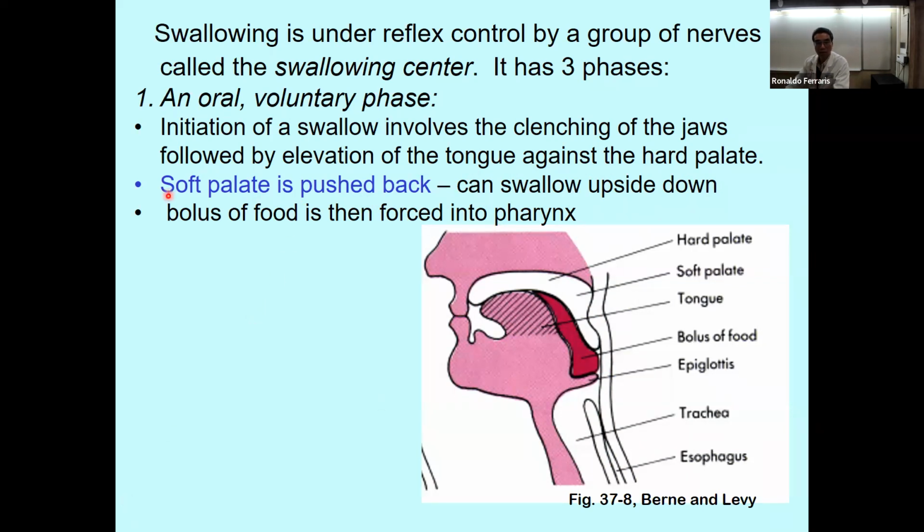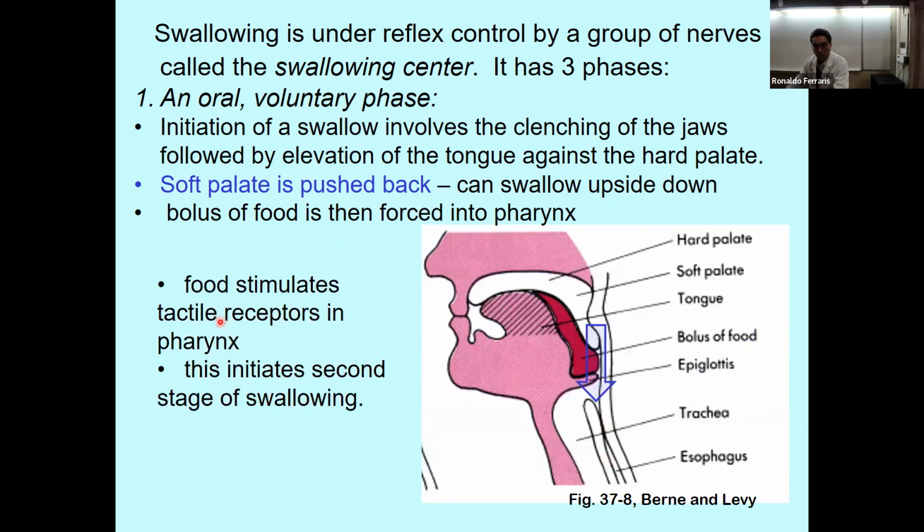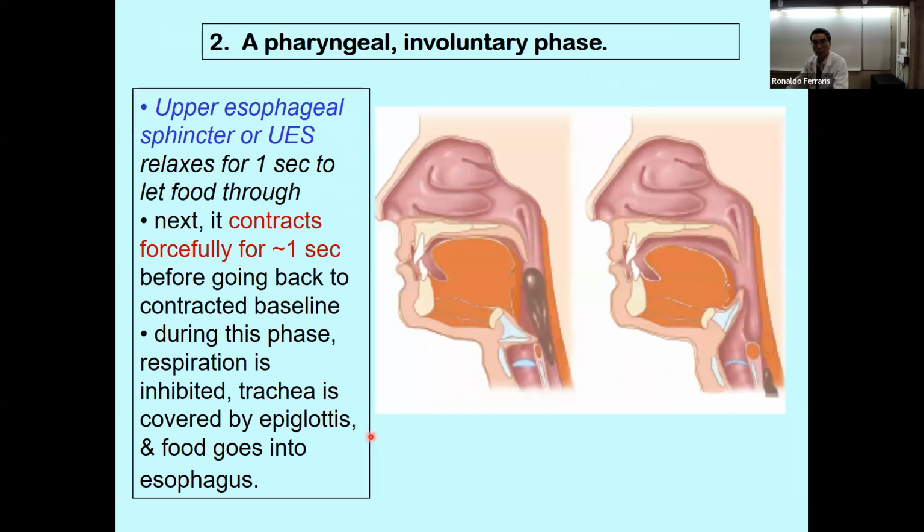Even if you're upside down, this bolus of food is highly regulated, and it goes into the pharynx. When that happens, the food stimulates the tactile receptors in your pharynx, and this initiates a second stage of swallowing. So here, this is your upper esophageal sphincter. It opens, it relaxes for 1 second because it's normally closed, remember?